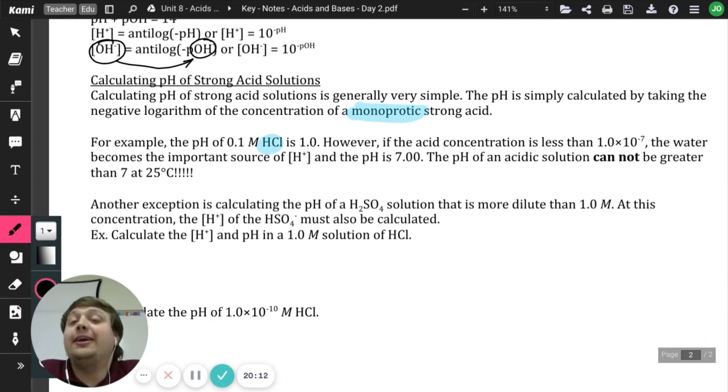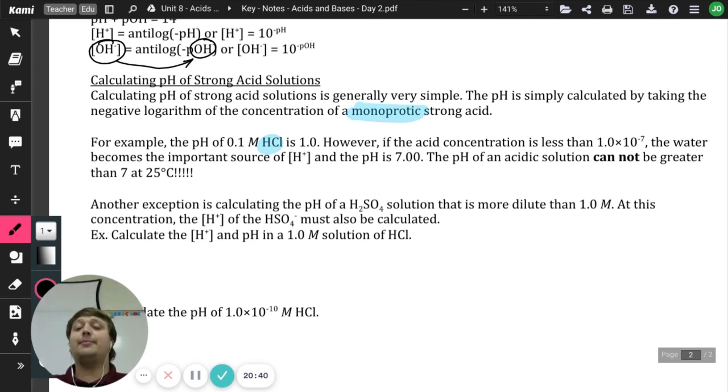Now, another thing to note is that when we're calculating the pH of something like H2SO4, it is not monoprotic. We do know that sulfuric acid is a strong acid, but it is not monoprotic. And so for solutions more dilute than 1 molar, the hydrogen of the HSO4 minus must also be calculated.